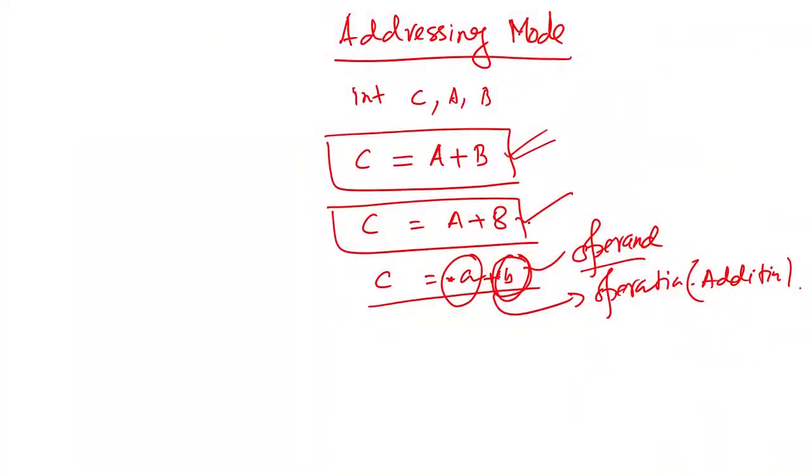When we write the program in a high level language, it is converted to the corresponding assembly language, and the assembly language should be compatible with the instruction set of the machine. The instruction set should support different addressing modes to let the programmer write in different ways: here we add directly, here we provide one variable, and another uses a pointer.